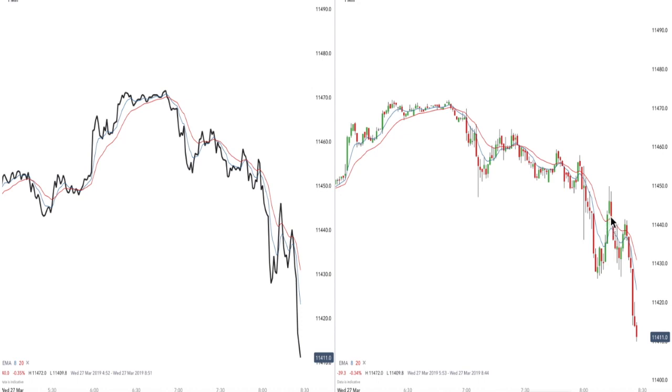And the market comes down and it fails to make a new low here. This low here is almost identical to this low here. There's actually 0.5 points difference between the two. This is slightly higher, but the market's coming down.